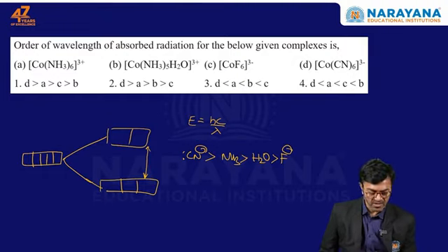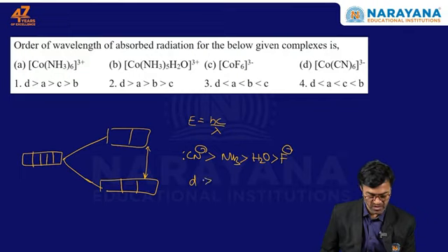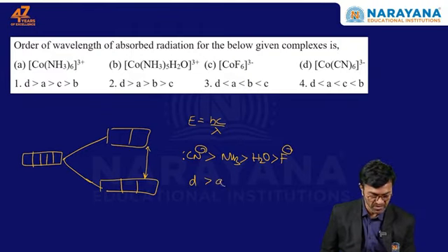So the energy order, meaning the frequency of light which they absorb: the CN complex, that is D. Then the amine complexes, A is having 6 amine ligands and B is having 5 amine ligands. That means next will be A, then comes B, finally C.